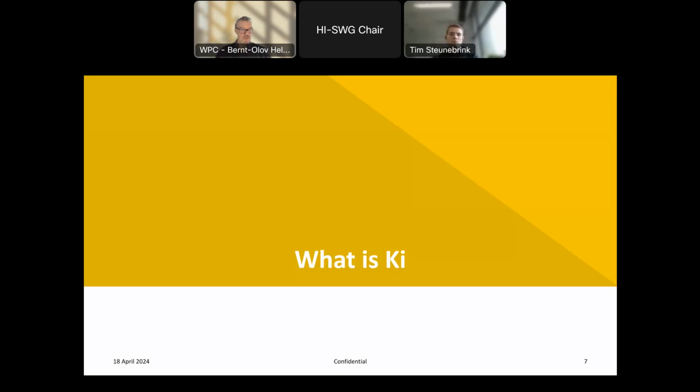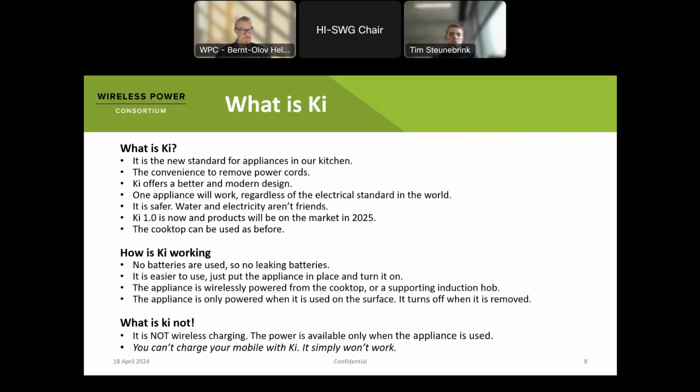So what is all the buzz about Ki? What is Ki? A brief description of Ki: it's a new standard for appliances in our kitchens. It's the convenience of removing power cords. Ki offers better modern design. One appliance will work regardless of the electrical standard in the world.